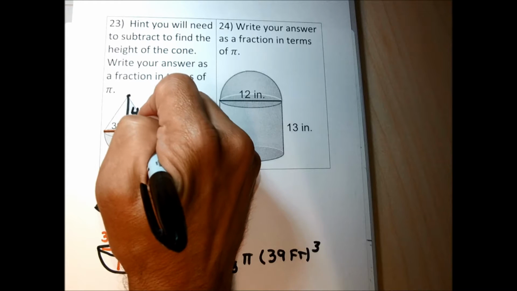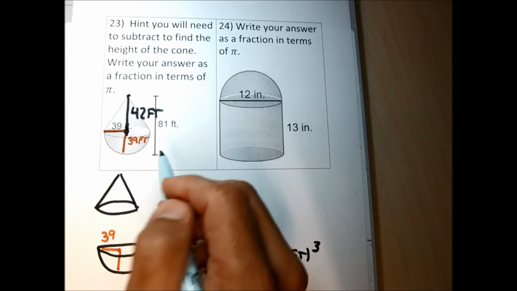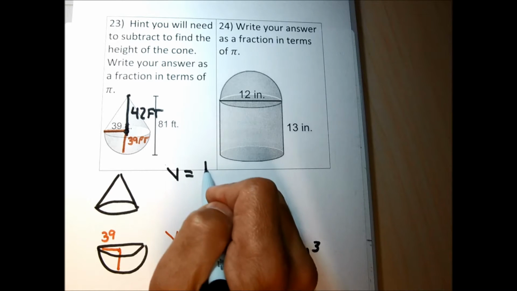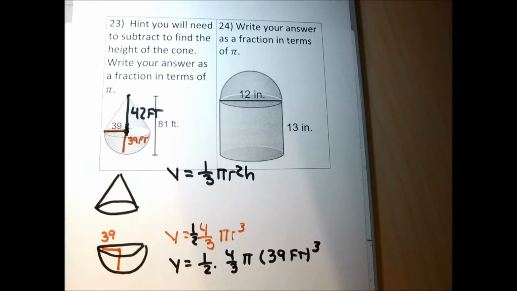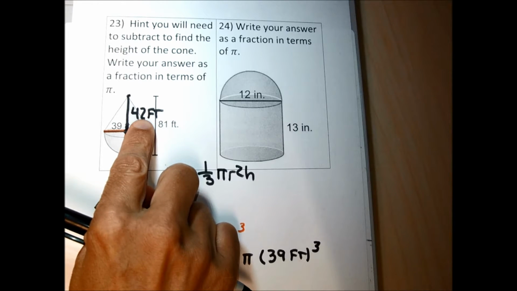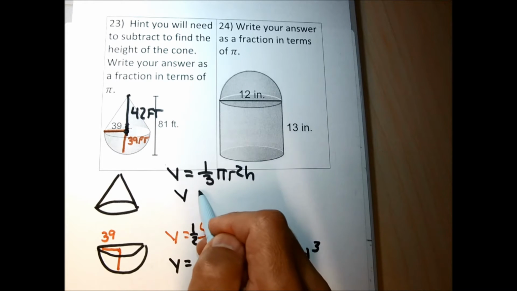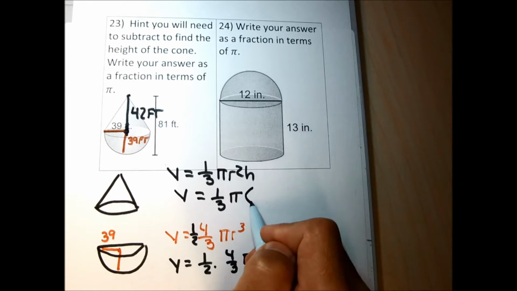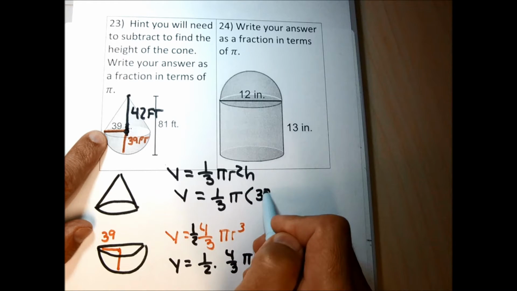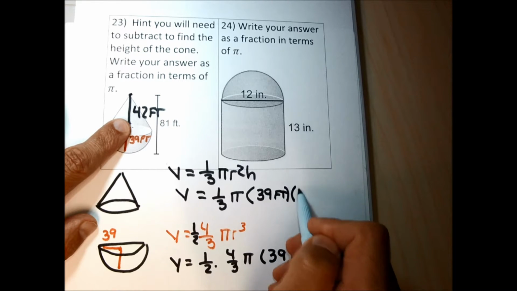And so for your cone, which has a volume formula of 1/3 pi r squared h, I had to do some work to figure out the h because it wasn't given to me, and I had to subtract to do that. So for the volume of the cone, I'm going to do 1/3 times pi, and then for r squared, it's going to be 39 feet squared, and then the height is going to be 42 feet.